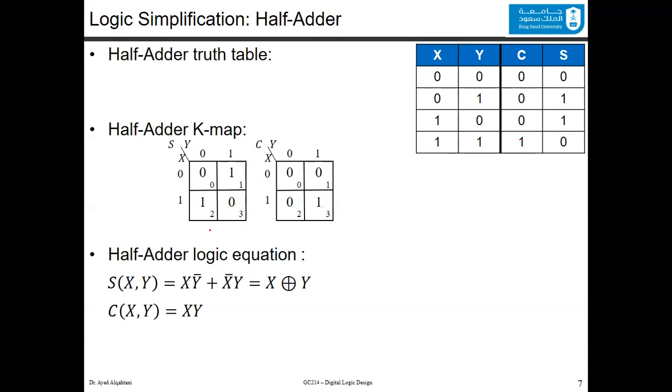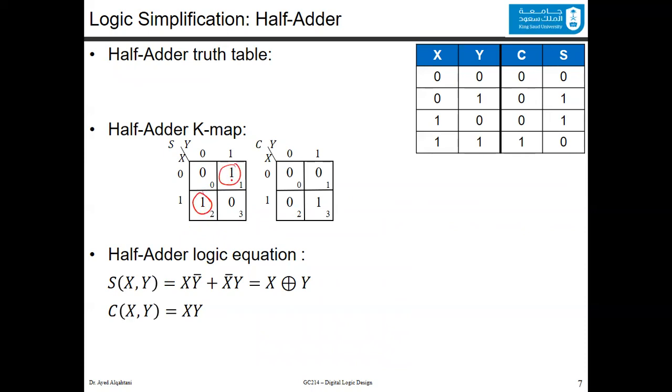Now, if you try to optimize the sum, you notice that you can't but have each one of the outputs by themselves. But you notice that this is like a chess board, which means that this is either XOR or XNOR. And since if you have 0 and 0, the output is 0, so if they are similar, the output is 0. If they differ, then the output is 1. You know that this is the XOR function.